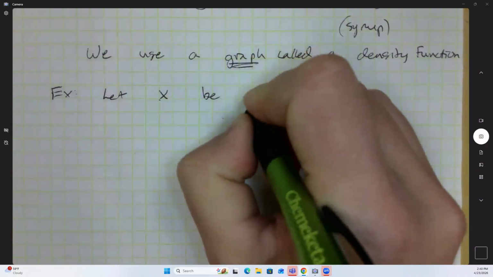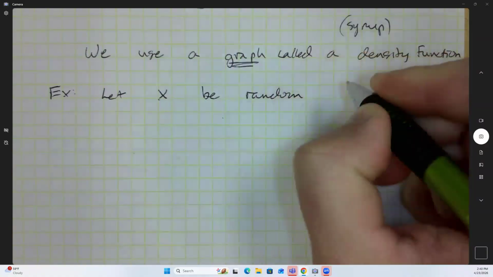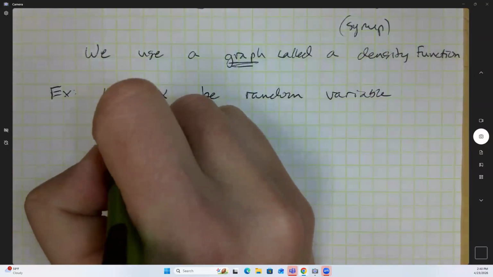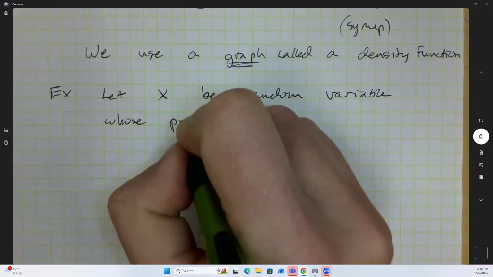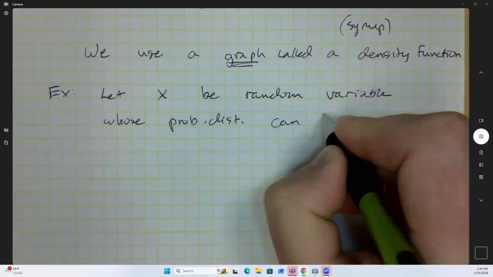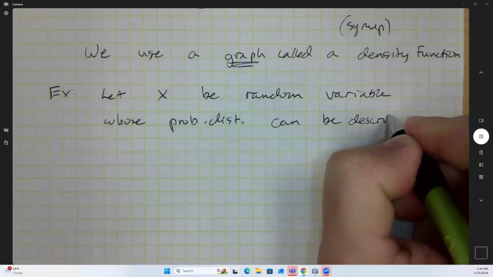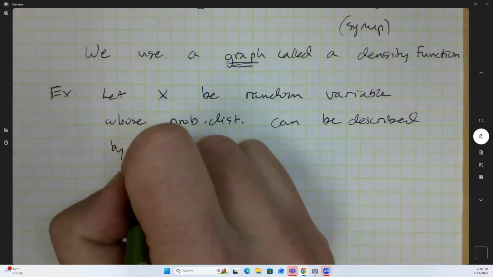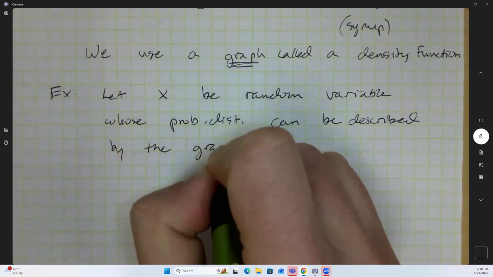We'll let x be a random variable whose probability distribution can be described by the following graph.